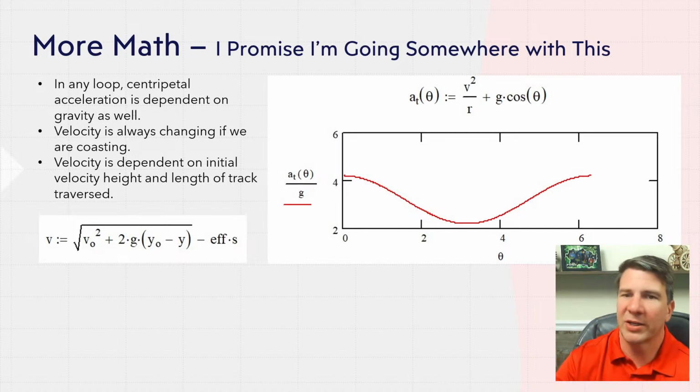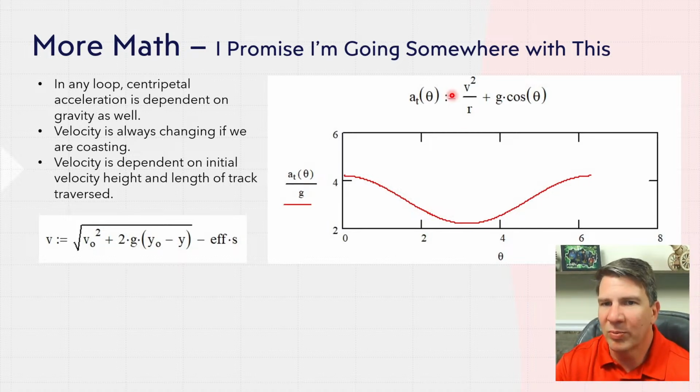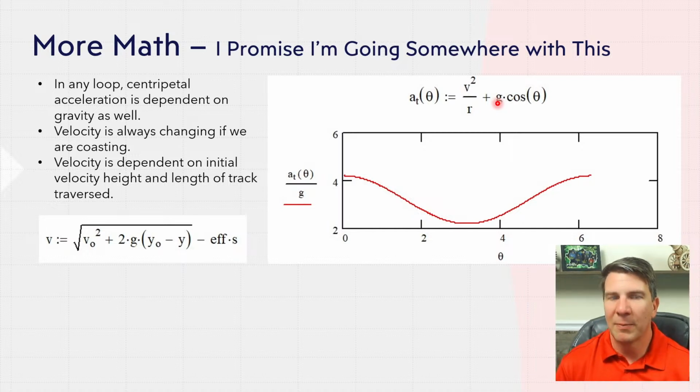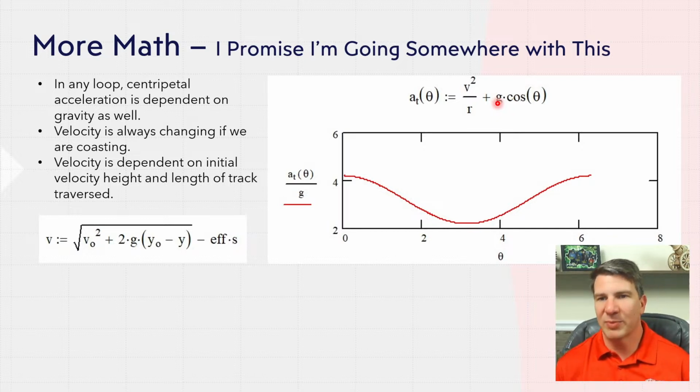Now, if we think about it, we can give one portion of our centripetal force in a loop by the velocity squared over r, right? But then we need to account for gravity. Now, gravity in a loop, if I'm keeping my point of view relative to where I'm sitting, when I'm at the bottom of the loop, I'm going to have 1 times my gravity.